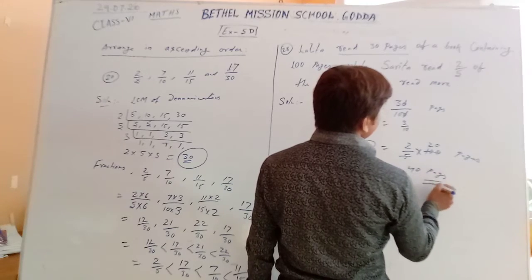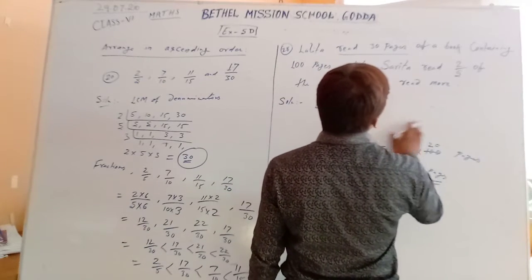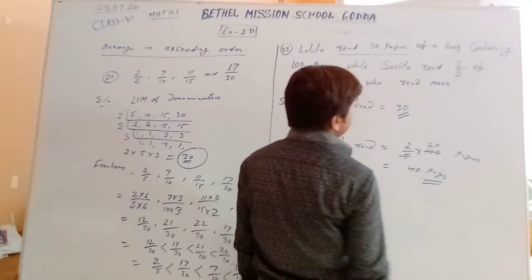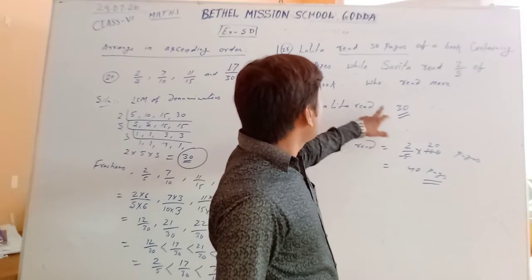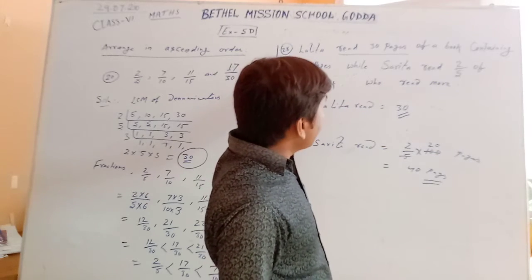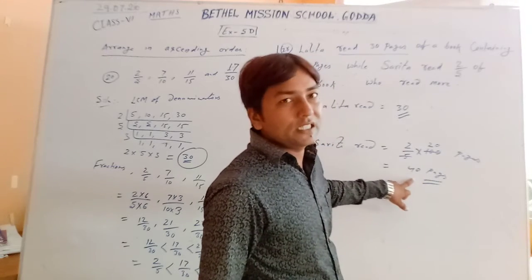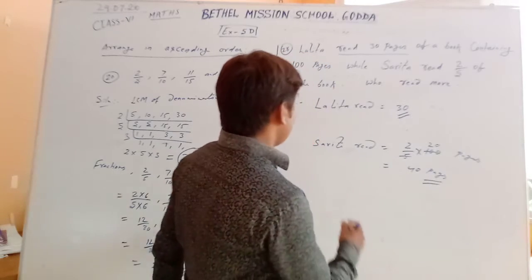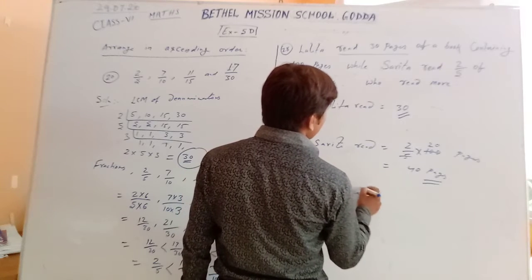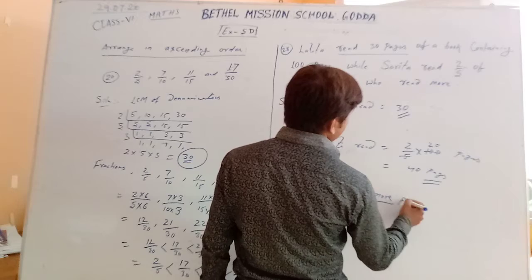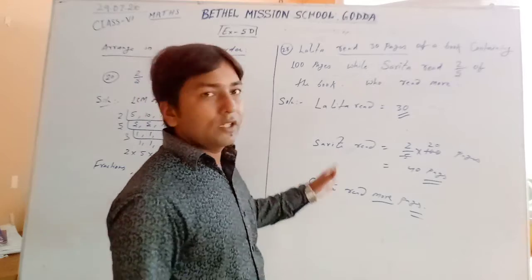Lalita read 30 pages out of 100, and Sarita read 2 by 5 of 100, which means 40 pages. Who read more? Sarita read more pages. I hope you got it.